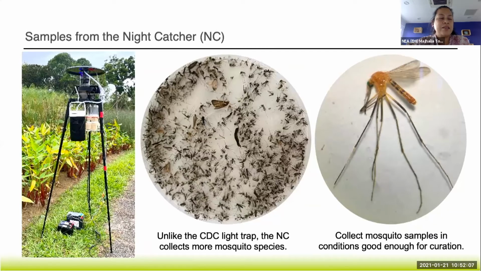So just like the CDC Like Trap, the original unmodified night catcher has the same light bulb as the CDC Like Trap. But the difference is that for the night catcher, it changes collection bottle at different time intervals, which protects your sample from being damaged through the whole duration of the collection period.